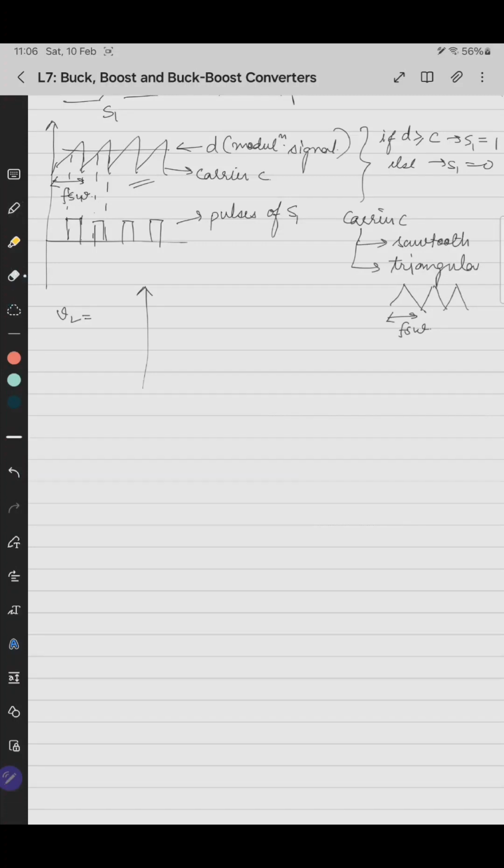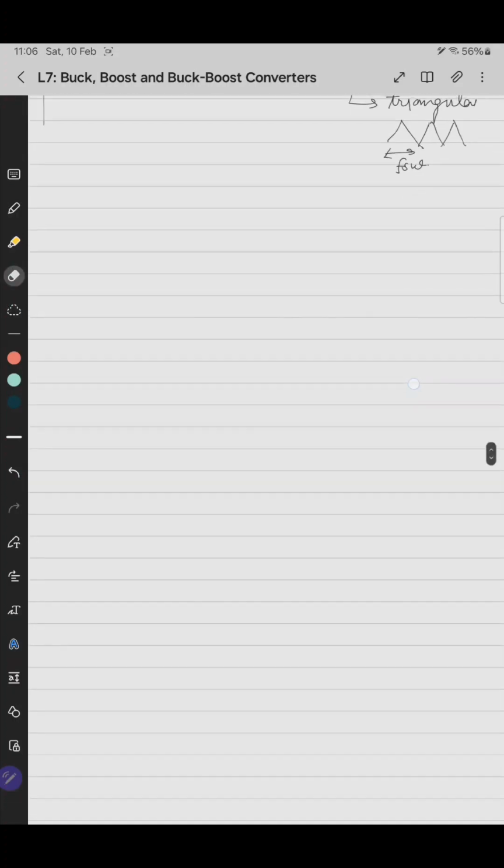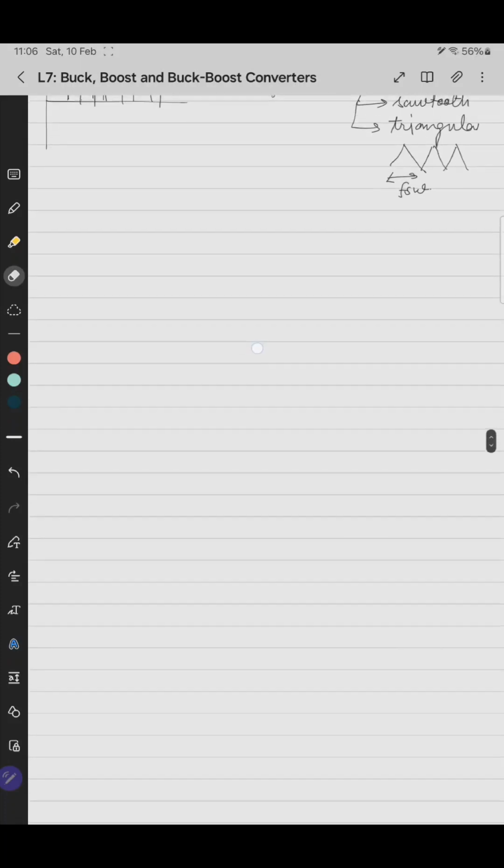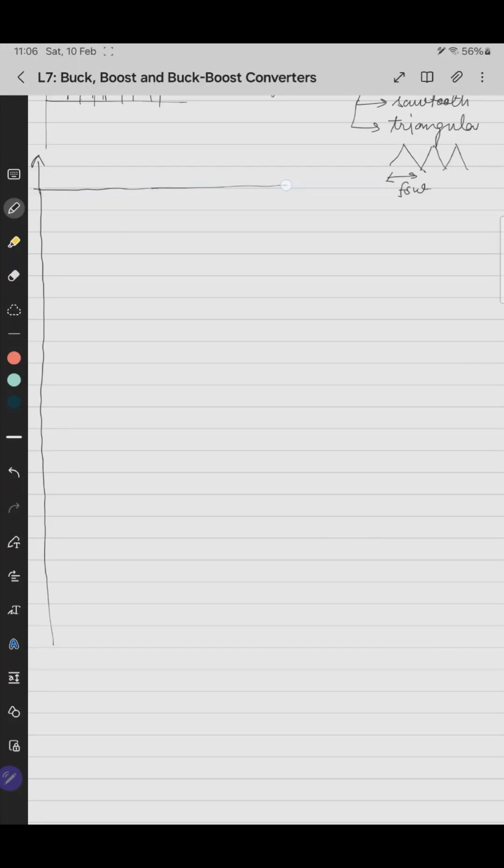So let's draw all the waveforms of the power converter. First I'll start with the gate pulse. I'll draw only 2 cycles. These are the gate pulses for S1. This is 1, this is 0, 1, 0.